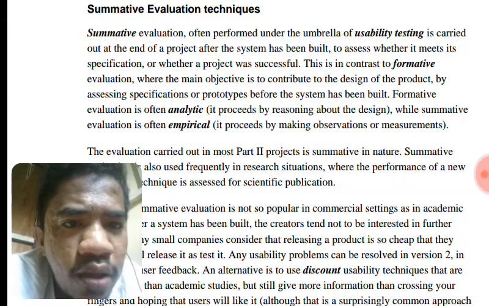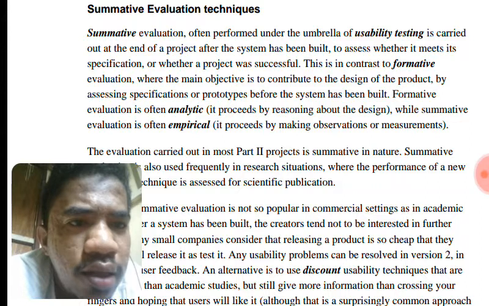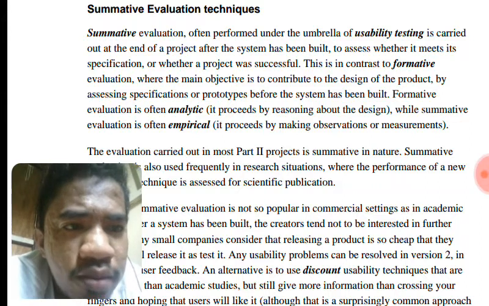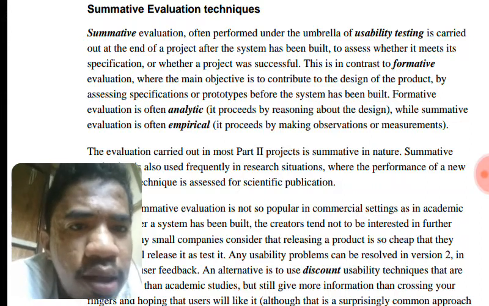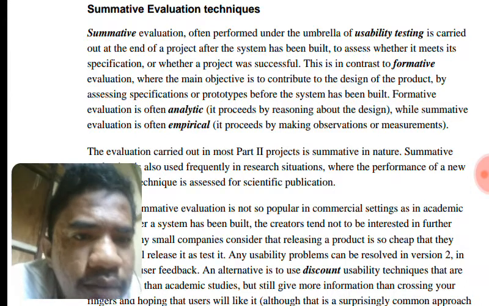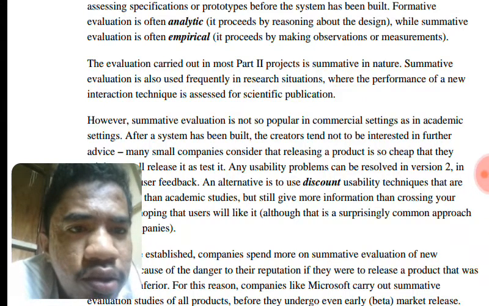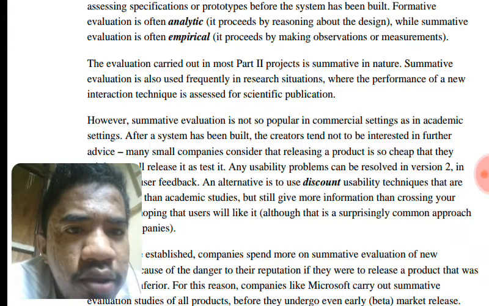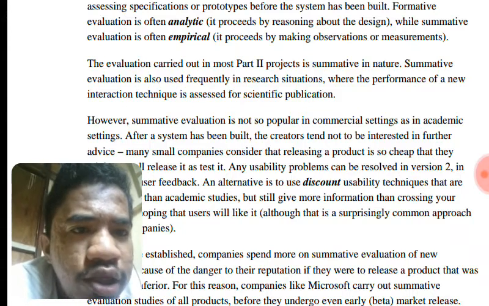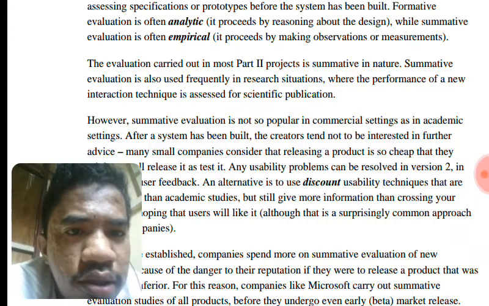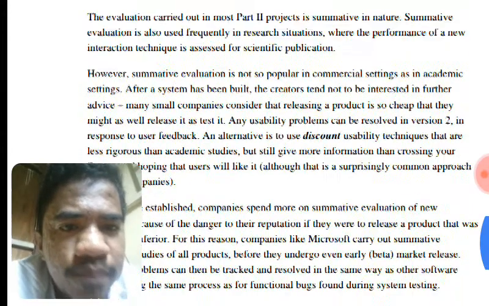Formative evaluation is often analytic. It's processed by reasoning about the design, while summative evaluation is often empirical. It's processed by making observations or measurements. The evaluation carried out in the most part of this project is summative in nature. Summative evaluation is also used frequently in research situations where the performance of a new interaction technique is assessed for scientific publication.